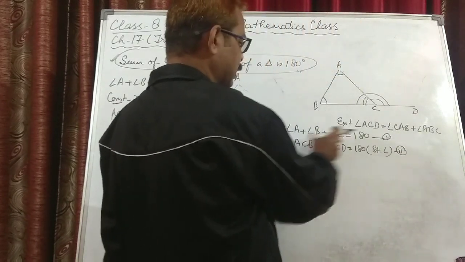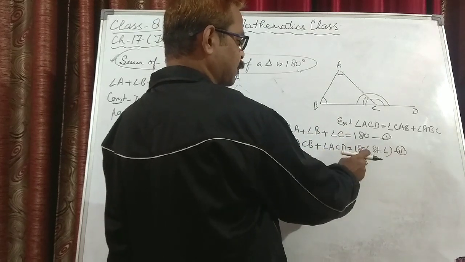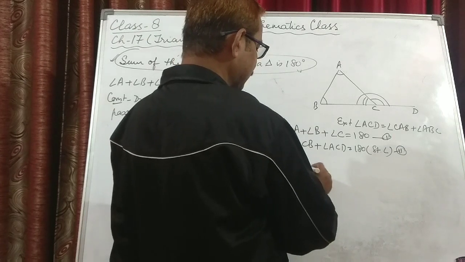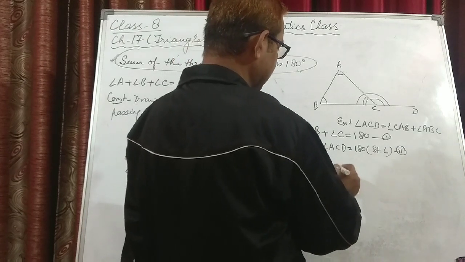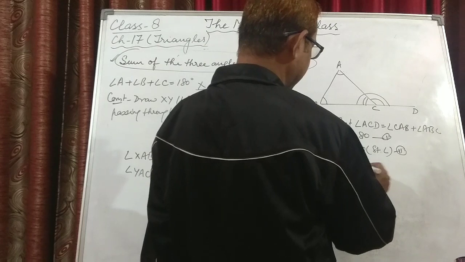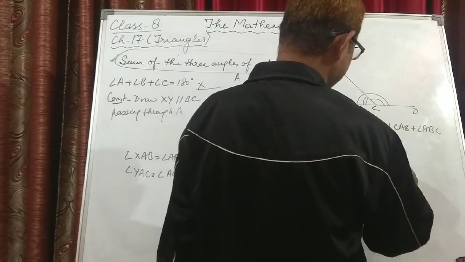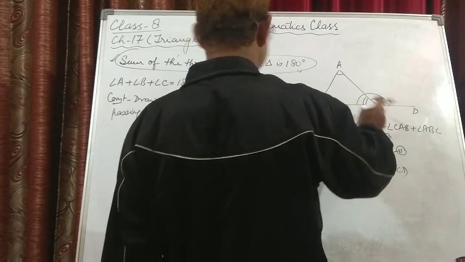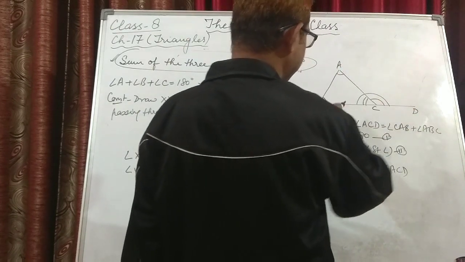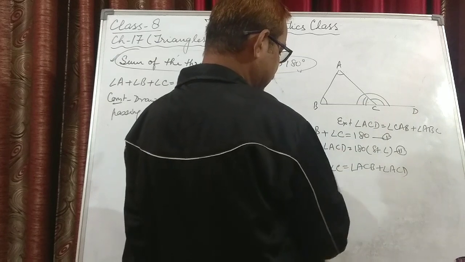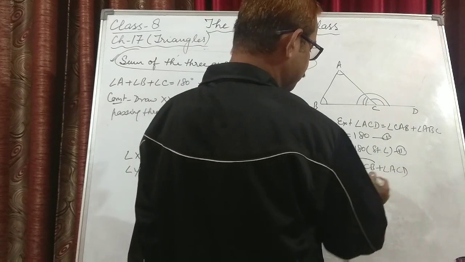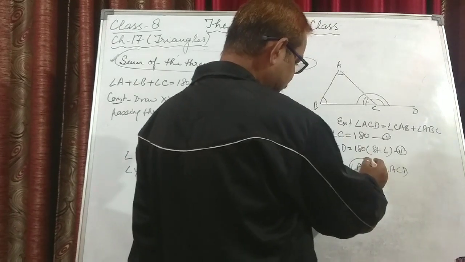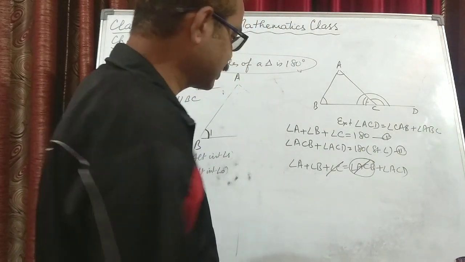If this total is equal to 180 and this total is equal to 180, we can equate this and this. It means we can say angle A plus angle B plus angle C is equal to angle ACB plus angle ACD. But angle ACB is your angle C only. This angle and this angle can cancel each other.